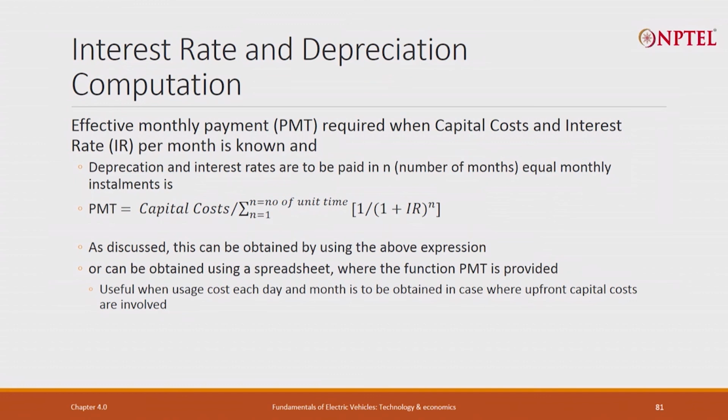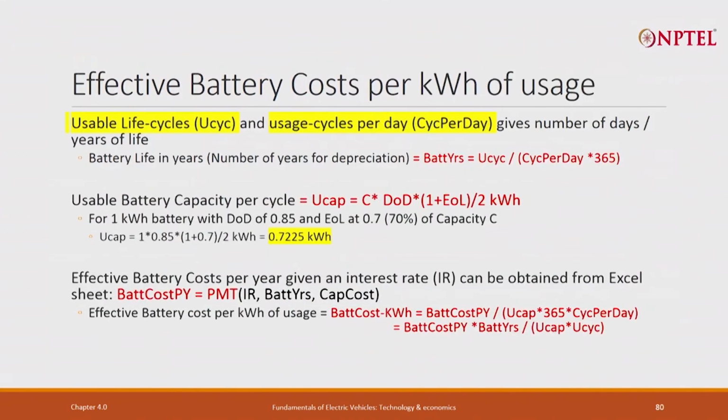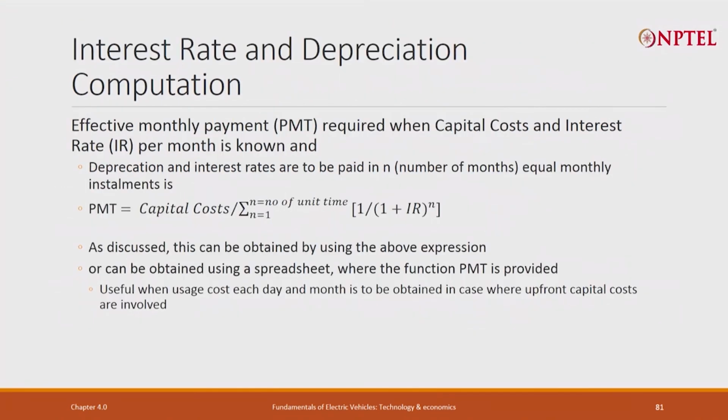So, please understand that this is something extremely useful for an engineer, and most engineers do not know this. Okay. So, I hope you would have picked it up. So, what I have done, I have done the computation. So, I have done effective cost per kilowatt hour, this is the expression, and this is how the expression comes.